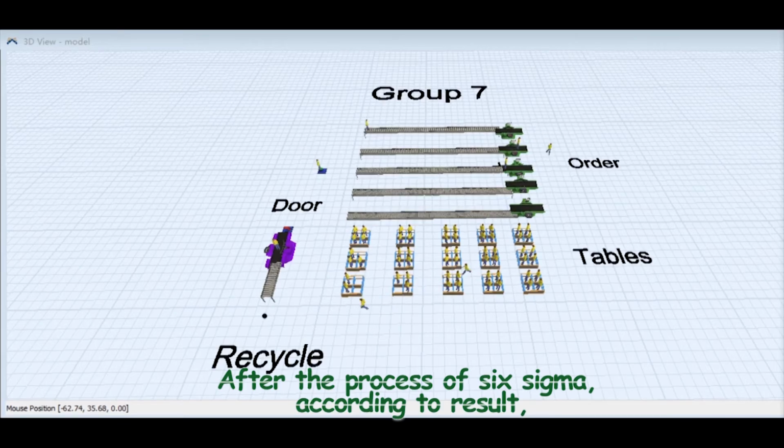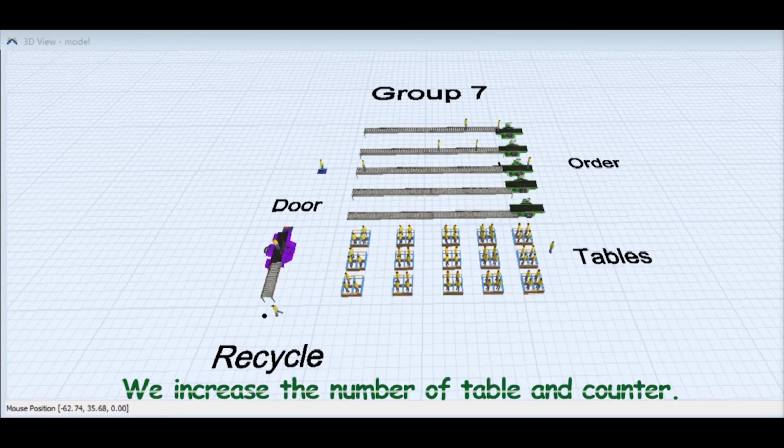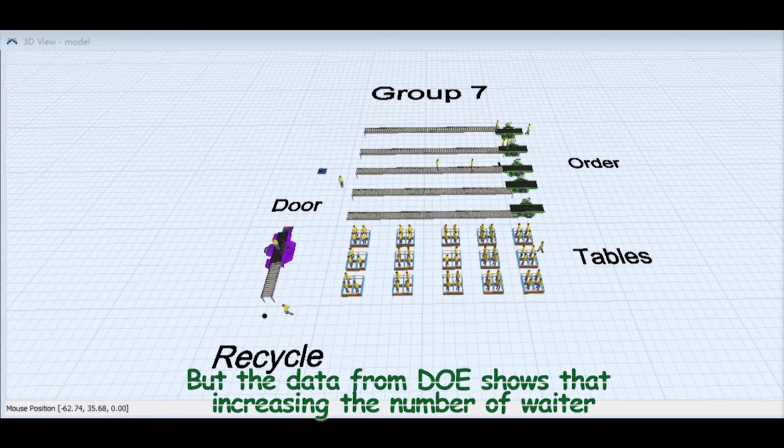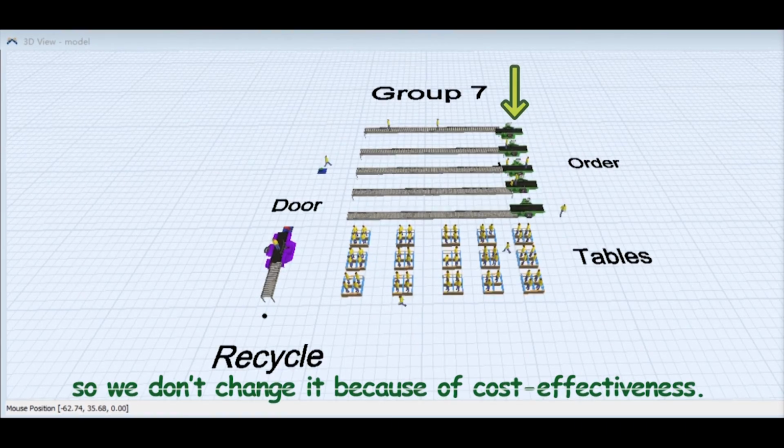After the process of Six Sigma, according to the result, we put the improvement into simulation. We increased the number of tables and counters, but the data from DOE shows that increasing the number of waiters brings little improvement in canteen efficiency, so we don't change it because of cost effectiveness.